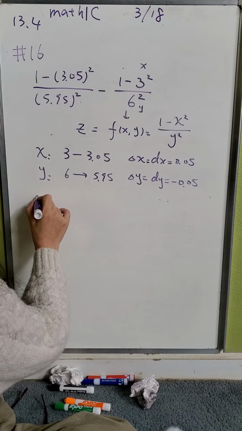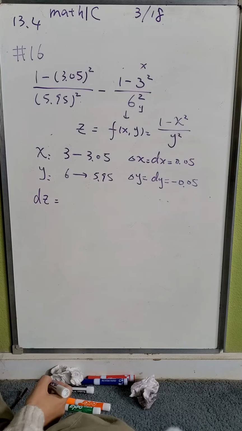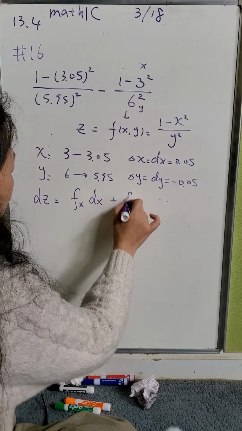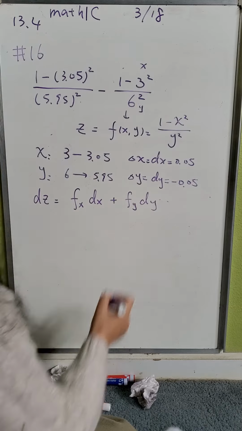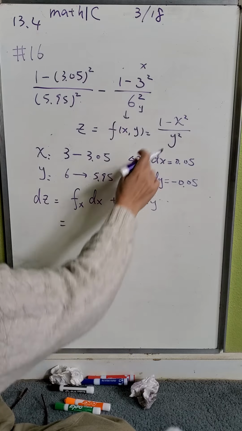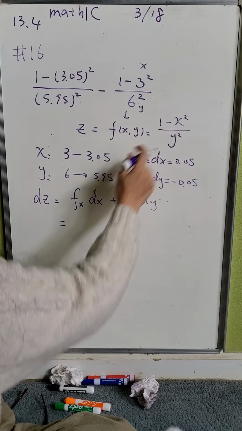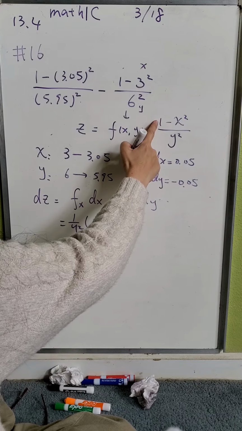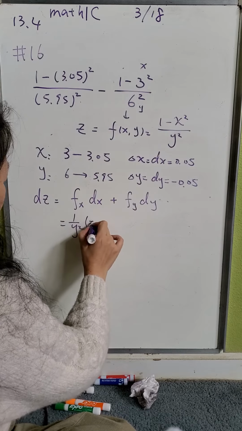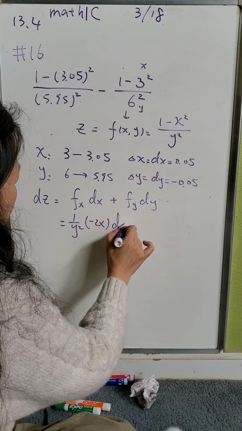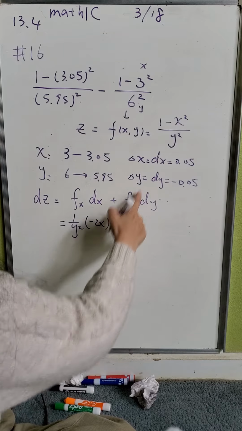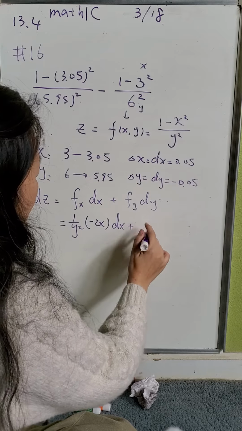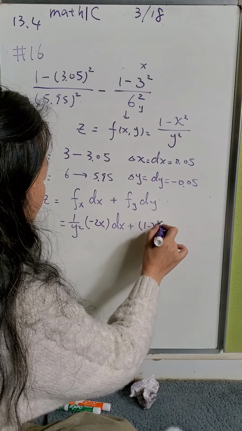Now we're going to get the total differential. So dz equals fx dx plus fy dy. And your fx will be, this is kind of a coefficient, so 1 over y squared, okay? And that 1 is a constant, its derivative is 0, so that's negative 2x dx. Plus the fy, this is kind of a coefficient, okay? 1 minus x squared.